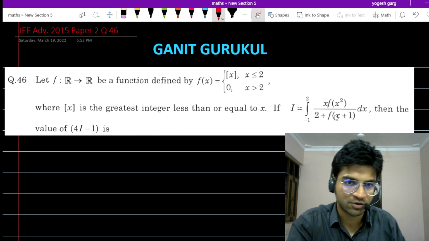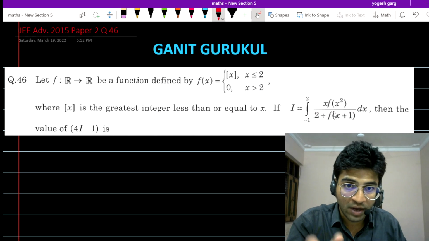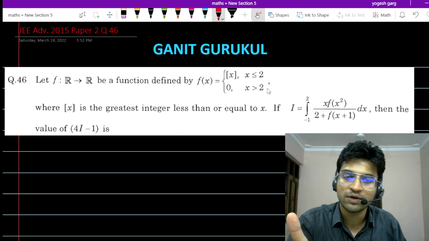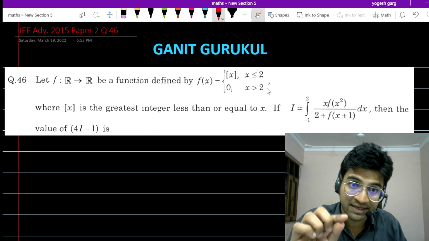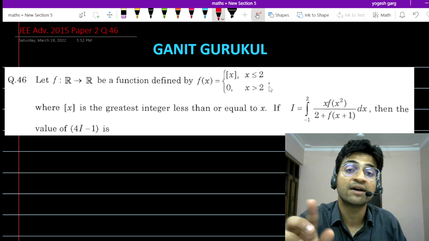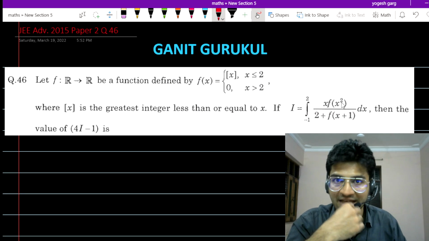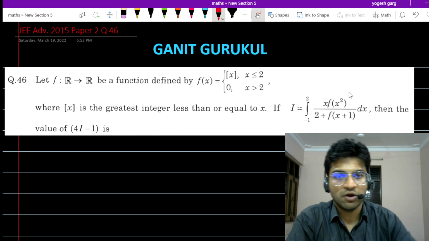Now how to go about this question? They are clearly saying that if x is greater than 2, then f(x) is equal to 0. This is f(x) square. So we have to do it very cleverly, it is not a very simple question.